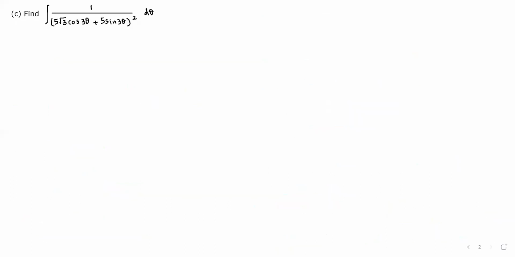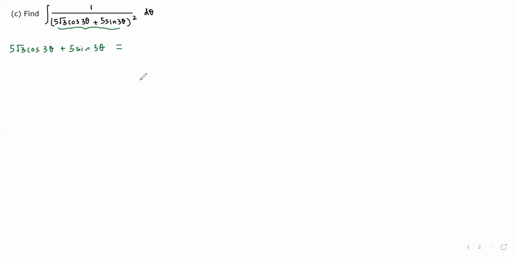Part C, we want to evaluate the integral. Let's look at this part here. Using the auxiliary angle form, 5 root 3 cos 3 theta plus 5 sin 3 theta, the argument now is 3 theta instead of x.